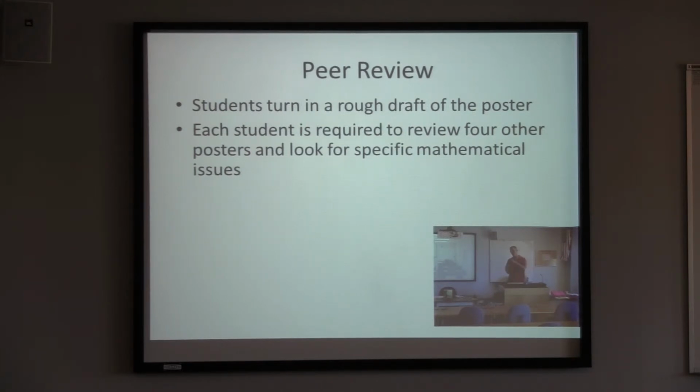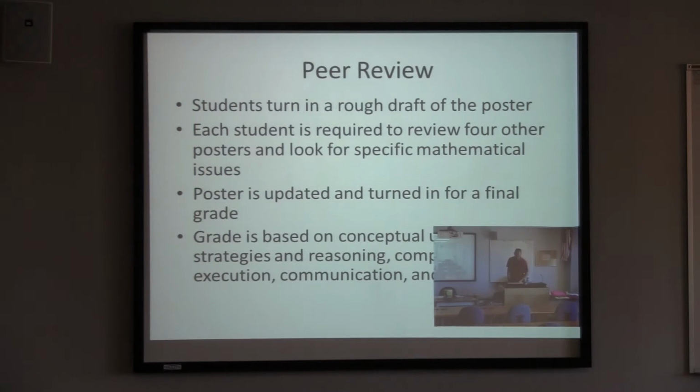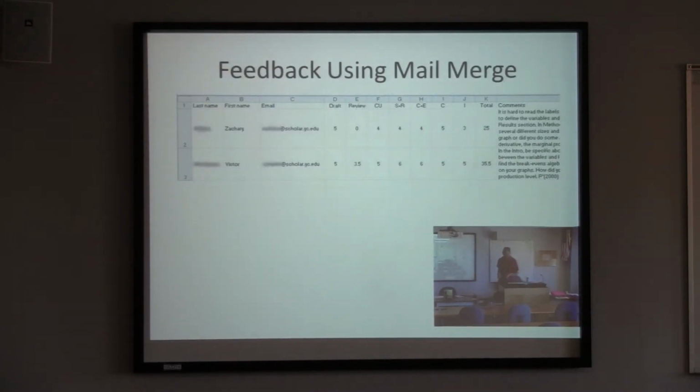And then when they turn in their final version, I'm just kind of throwing in little comments at the end as much as I can. So one of the key things is I give them a lot of different grades here. I use a rubric to do it. But as I'm grading these, what I'm doing is I'm using an Excel file. The first 3 columns in that Excel file I've downloaded from the learning management system.